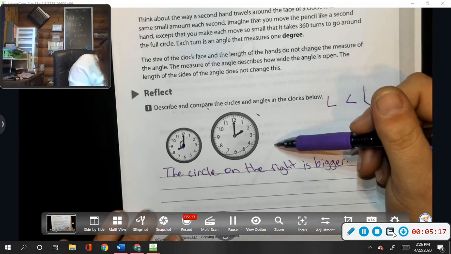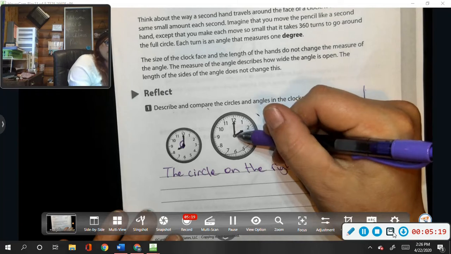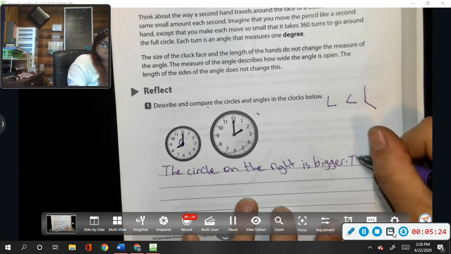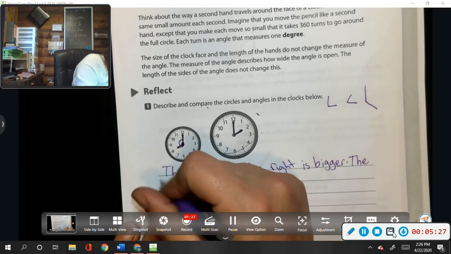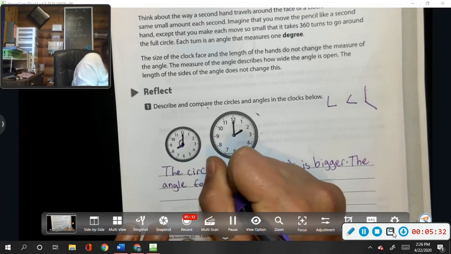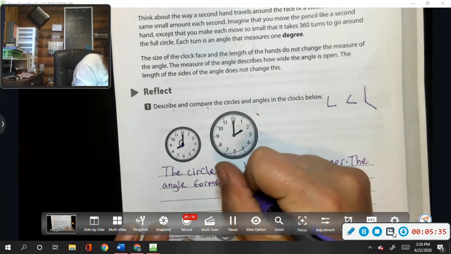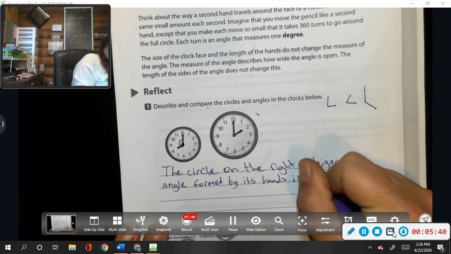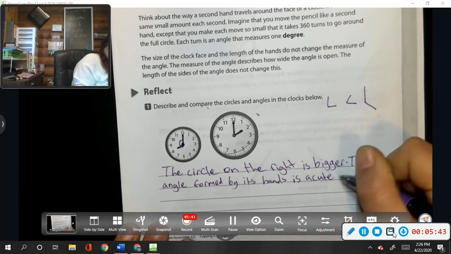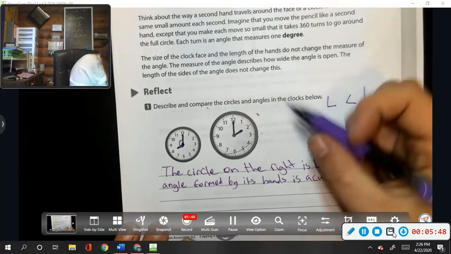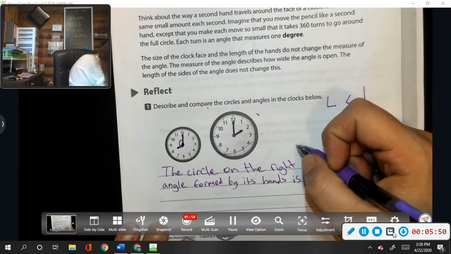The angle formed by its hands, though, is acute, meaning it's going to be less than 90 degrees. The angle has a smaller measure than the angle formed by the hands on the 8 o'clock.